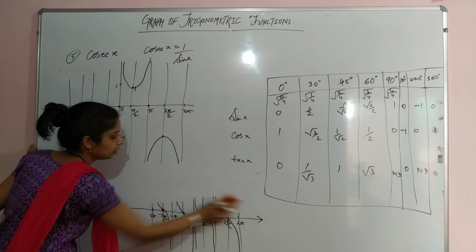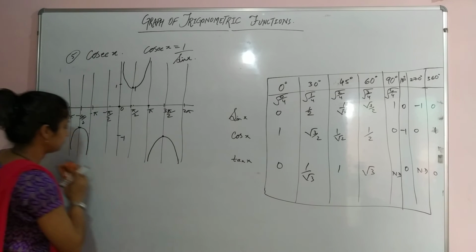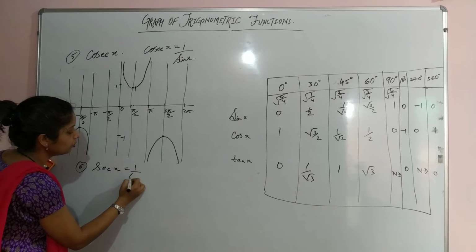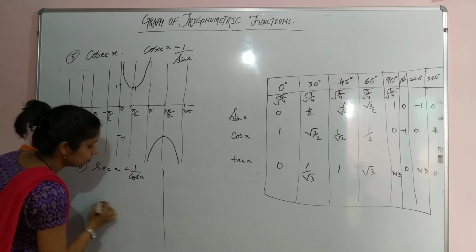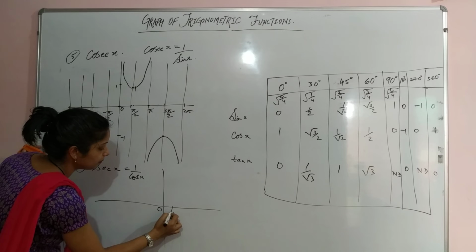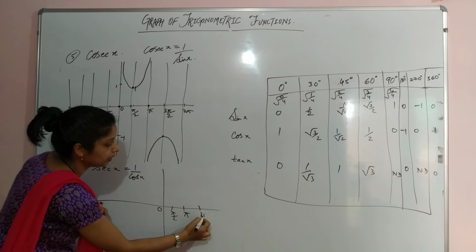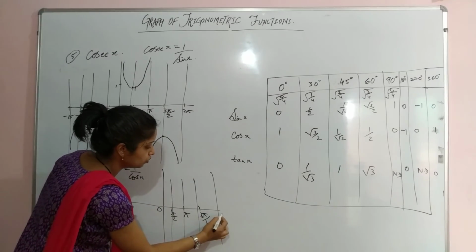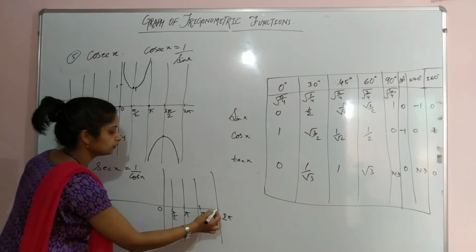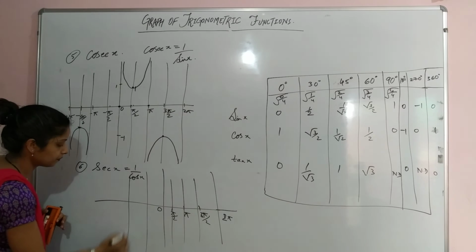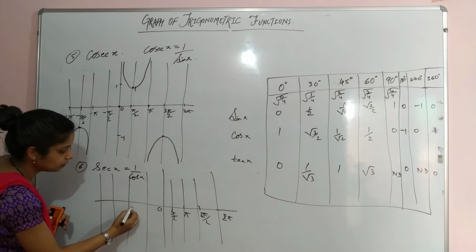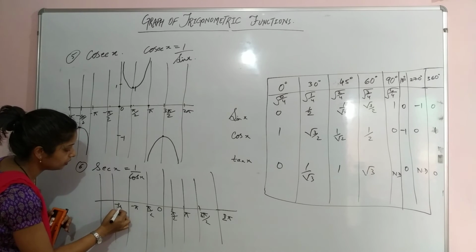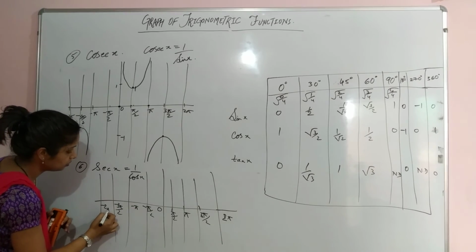Now for the sec x, the graph is sixth, that is sec of x, which is a reciprocal of cos x. So this graph is 0, pi by 2, pi, 3 pi by 2, then 2 pi. This is minus pi by 2, minus pi, minus 3 pi by 2, and minus 2 pi.